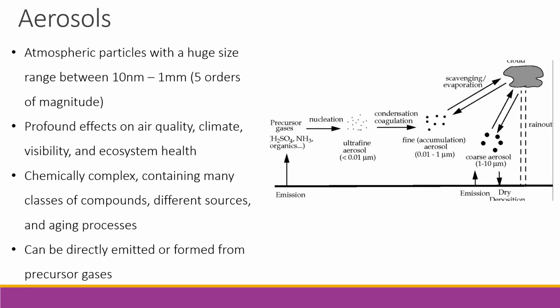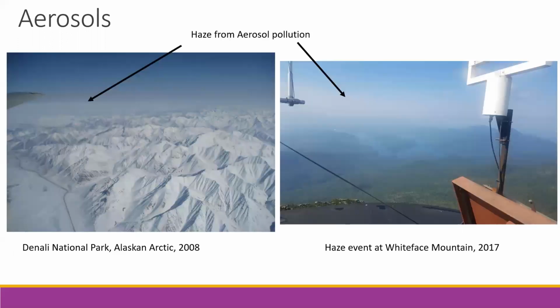In addition to this, aerosols can be either directly emitted from the earth through things like dust and sea salt, or they can be formed from precursor gases that are generally anthropogenic in origin, which then can go through chemistry in the atmosphere and condense into these particles.